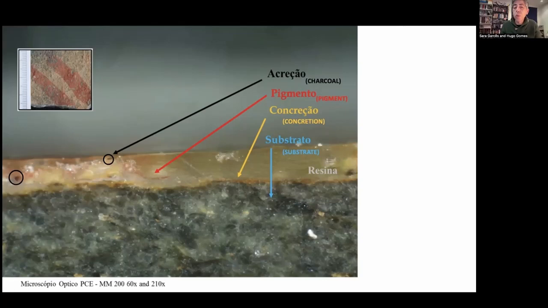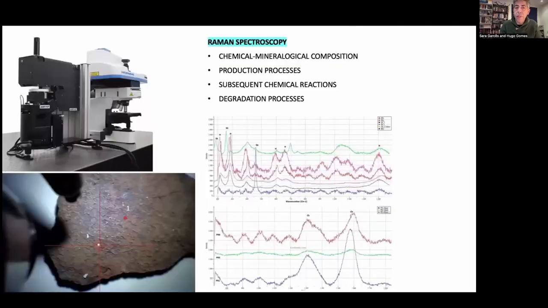But when we started to look in particular at this zoom, we realized that it was an accretion from a recent fire, and in fact this small charcoal became stuck in the wall after the paintings.